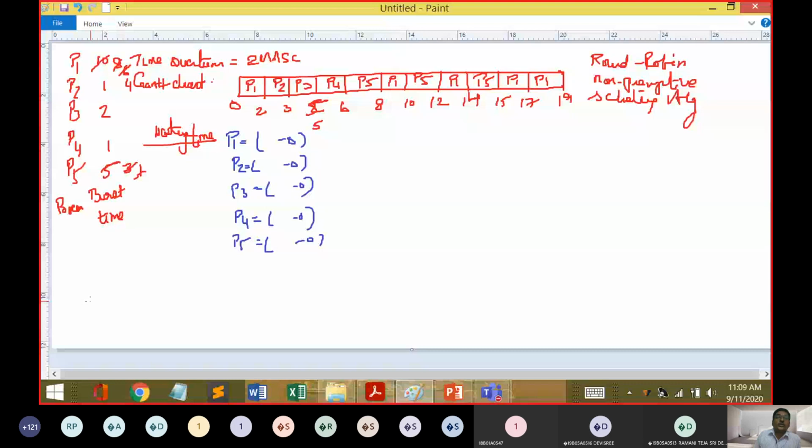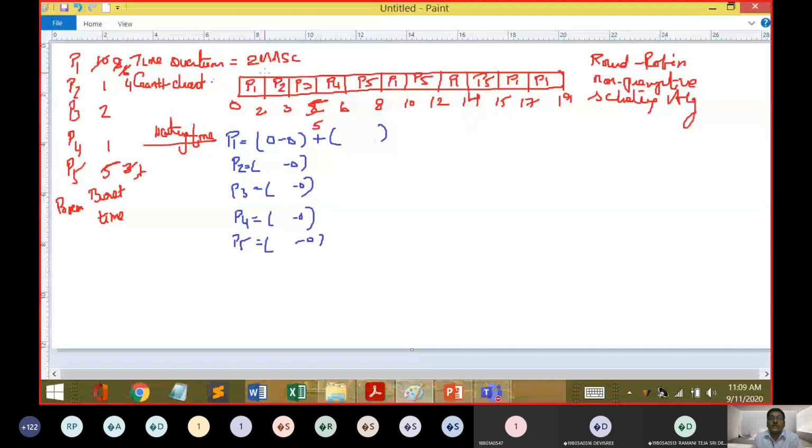Let us talk about P1. P1, to complete its job, has waited. It got a chance at 0, minus 0. Later P1 has its chance again here.